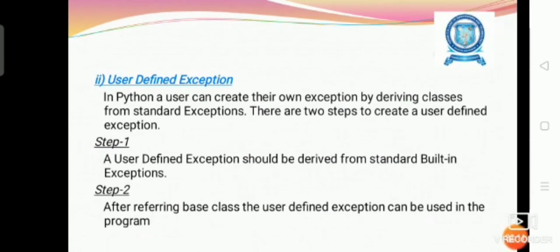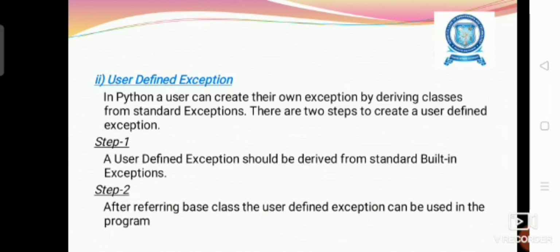Then user-defined exceptions. We can create our own exceptions by deriving classes from the standard exceptions. There are two steps to create a user-defined exception. Python already has many types of exceptions, but beyond those, if we want to mention our own type of exception, we can, but we must derive our user-defined exception from the standard built-in exception.